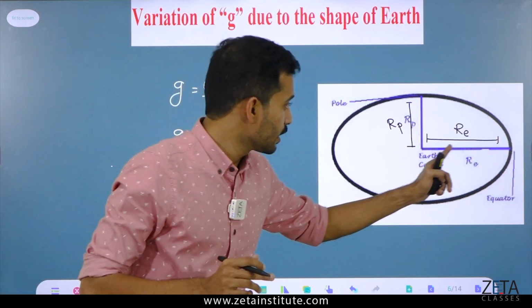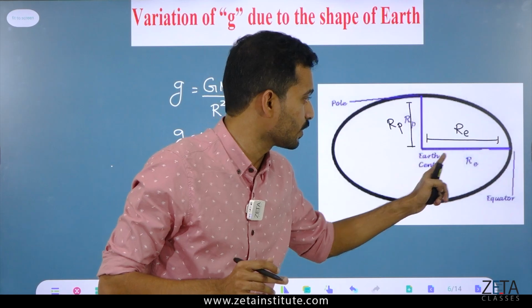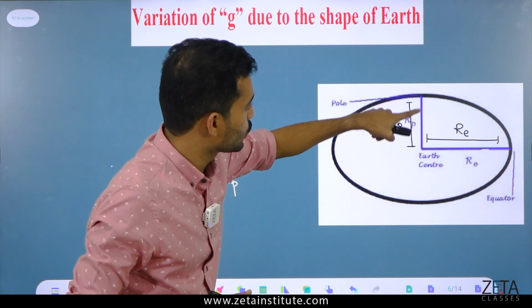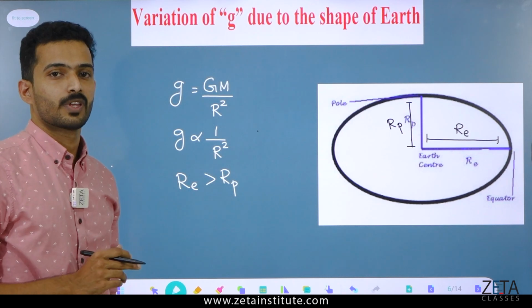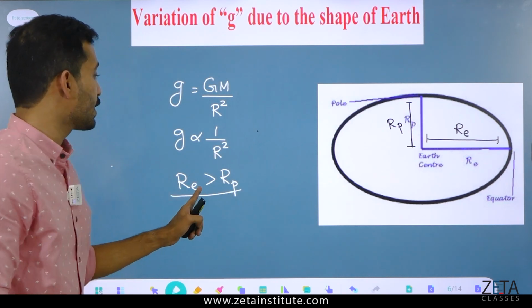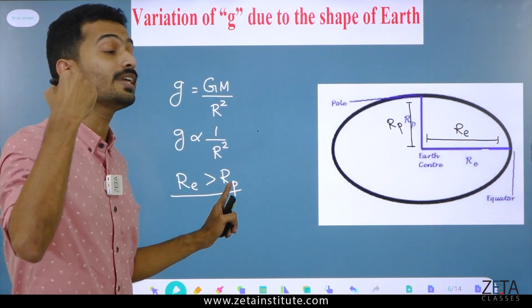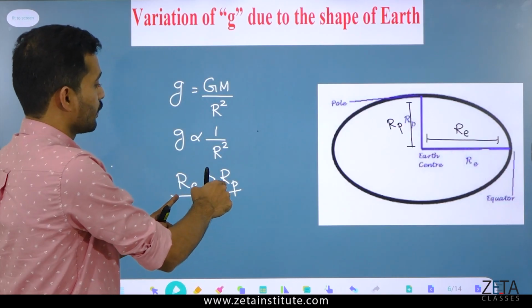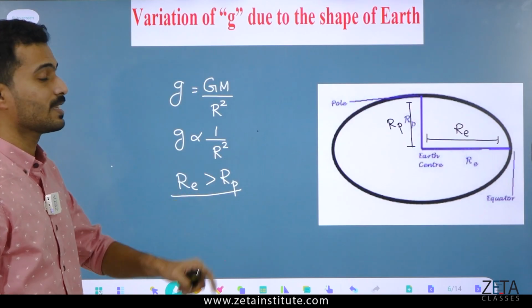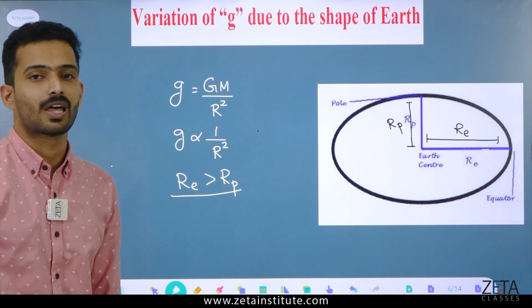Listen, here this is the distance from the center of the earth to the equator, and here is the distance from the center to the pole of the earth. So we can find that the distance to the equatorial region of the earth is greater than the distance to the pole of the earth. That means equatorial radius is greater than polar radius.